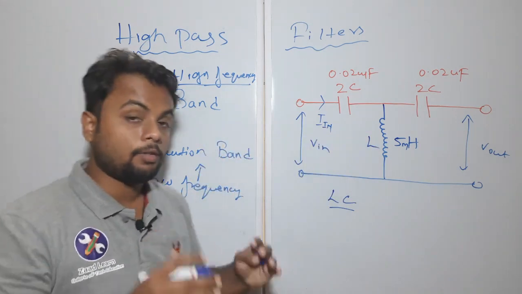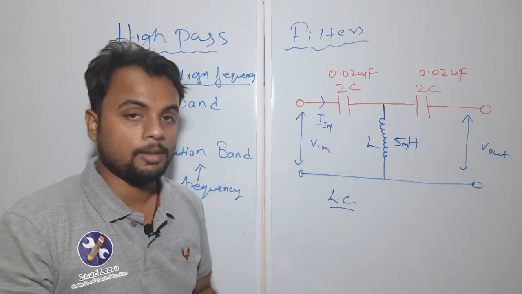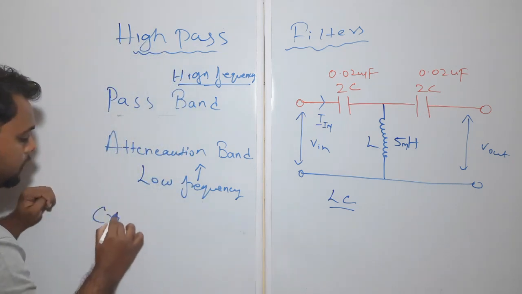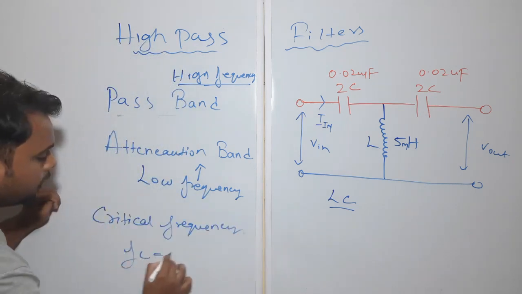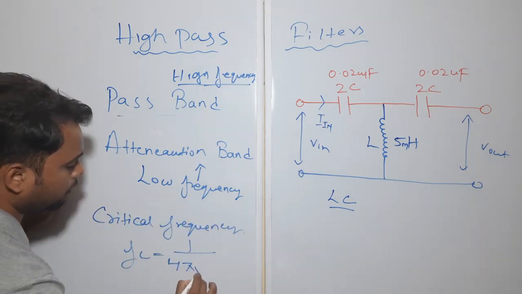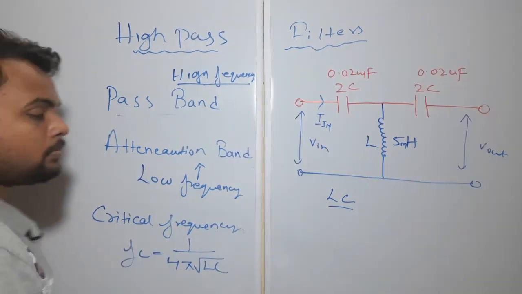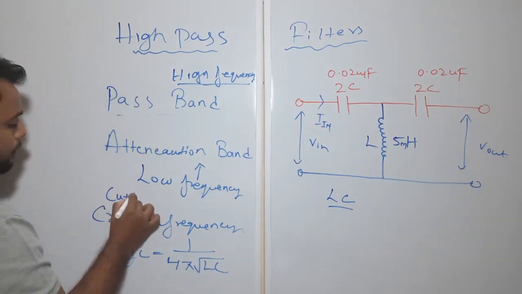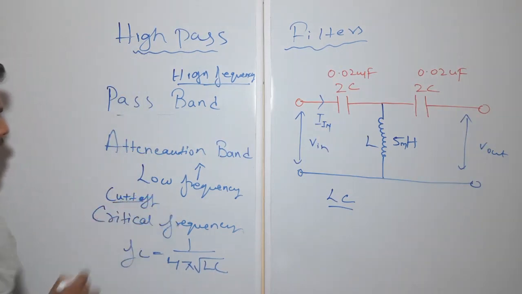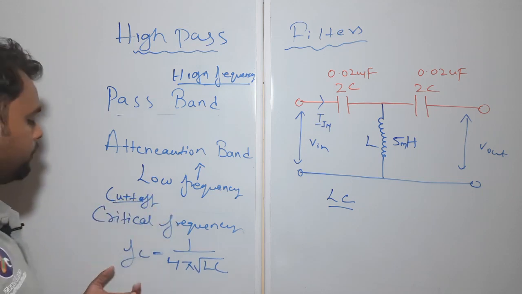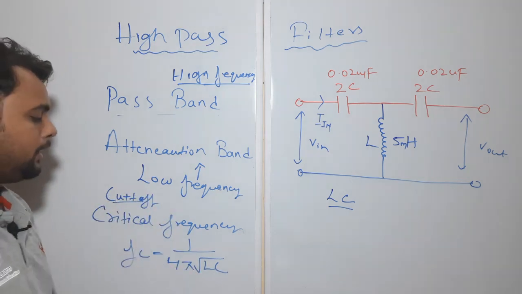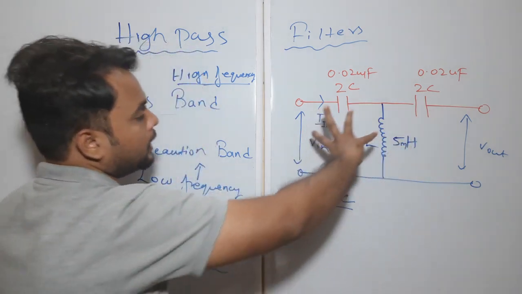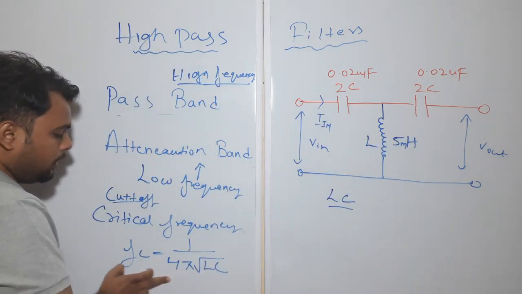Now how will it be decided which frequency is high and which is low? We set a particular limit, known as the critical frequency, given by Fc equal to 1 by 4 pi root over LC. This critical frequency is sometimes also known as the cutoff frequency. So the cutoff frequency value will be Fc equal to 1 by root over 4 pi LC, where LC is the value of L and C that we have used inside the circuit. By changing the value of L and C, we can change the cutoff frequency.